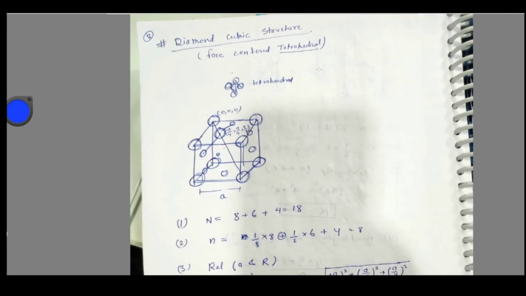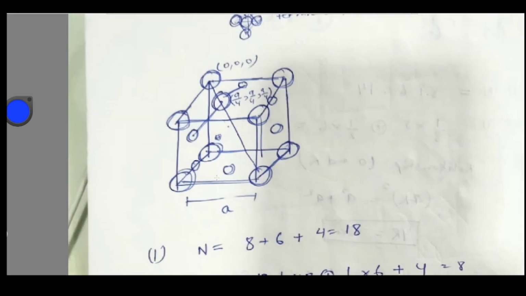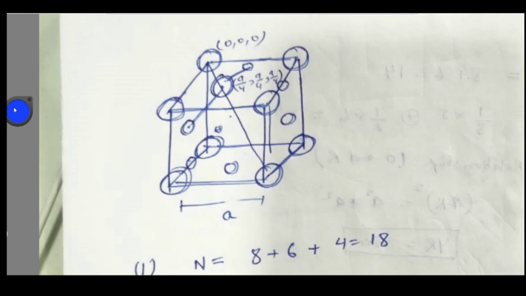Now we will discuss the diamond cubic structure. So in diamond cubic structure, 8 corner atoms will be present like this.